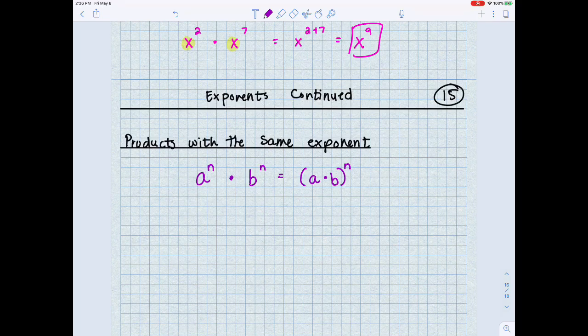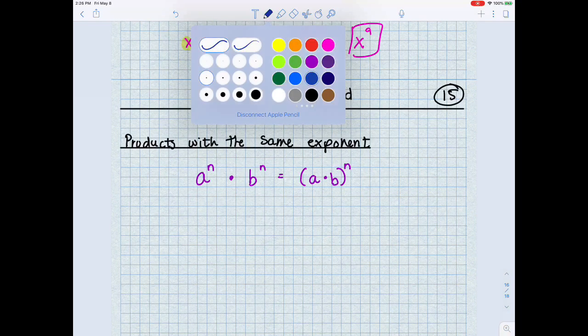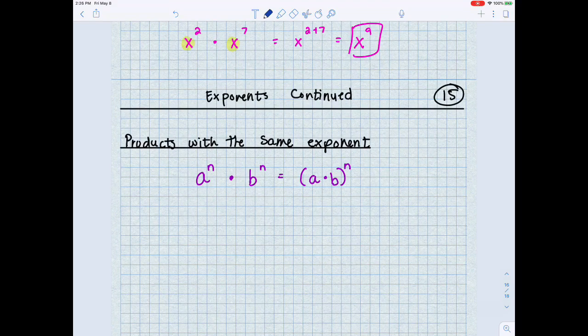Okay, so notice how the bases are different, but the exponents are the same. So an example with numbers. Let's take a look. Let's do 3 to the second power times 4 to the second power, or 4 squared.